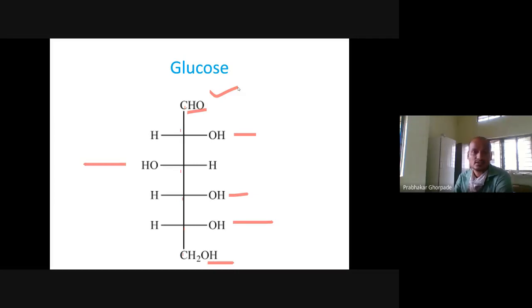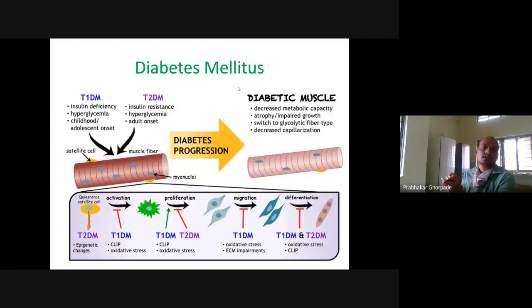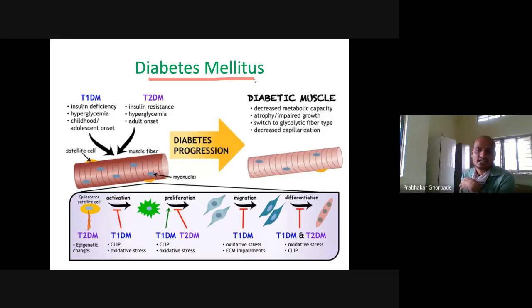So glucose means you should know that you are measuring some chemical entity. Whenever we do a glucose test, it may be done for diabetes mellitus. You should remember this disease. If you are doing the glucose test and glucose is very high, then that can be diabetes mellitus. Insulin deficiency and hyperglycemia can be there in type 1 diabetes mellitus, with childhood or adolescence onset.